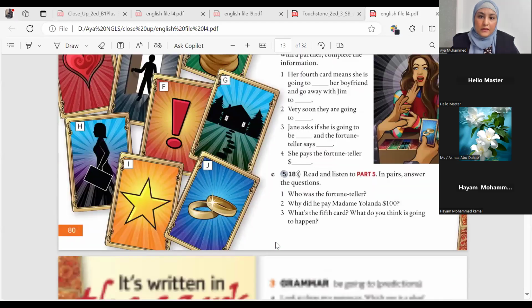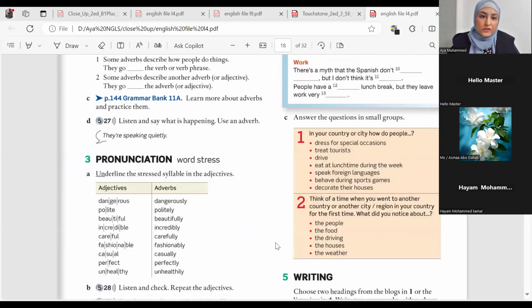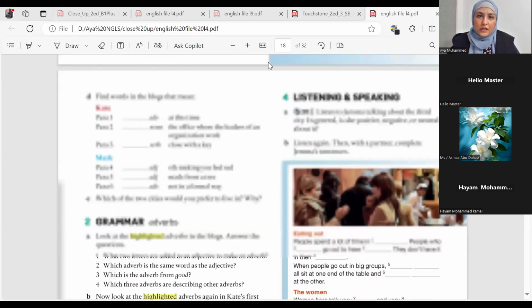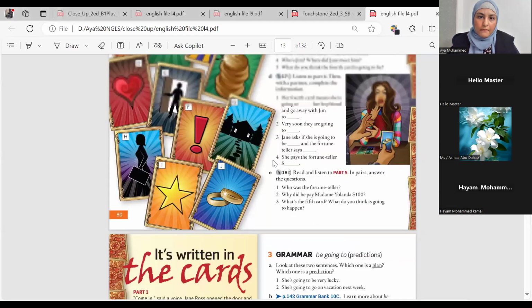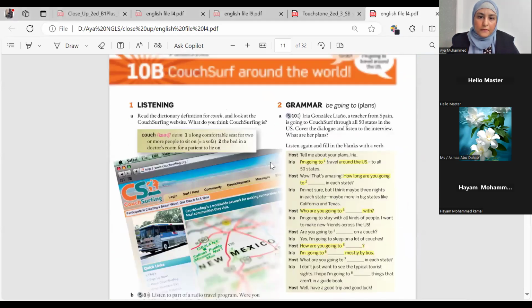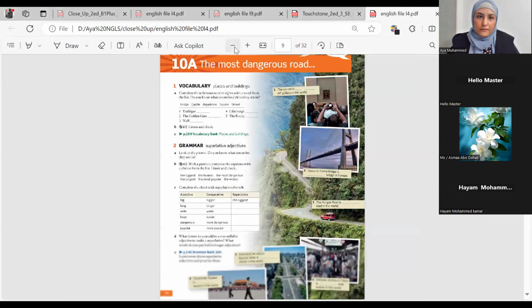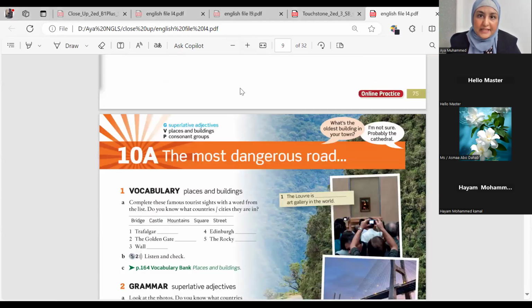And the part that I've invited you to actually prepare was, yes, here it is. Now, what's the objective of this lesson? Places and buildings. Okay, this is the objective, and for grammar, it's superlative adjective.